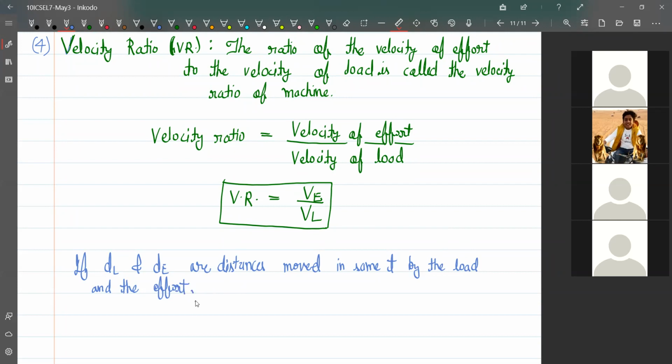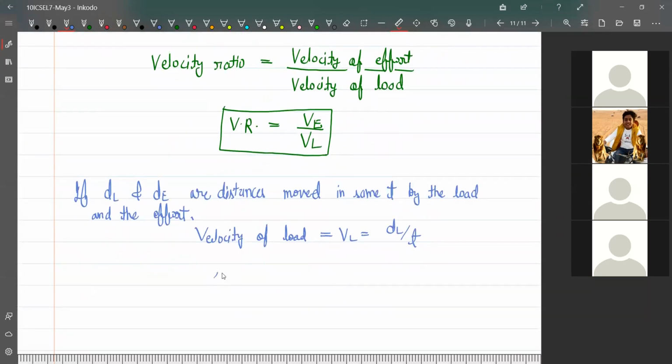we can write velocity of load VL, that is distance of load upon time taken. Similarly, velocity of effort VE is distance of effort upon time taken. Then the velocity ratio VR will be equal to VE upon VL.